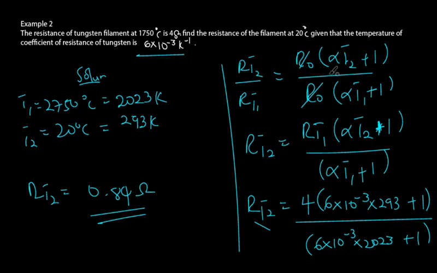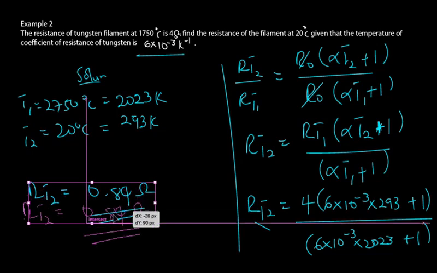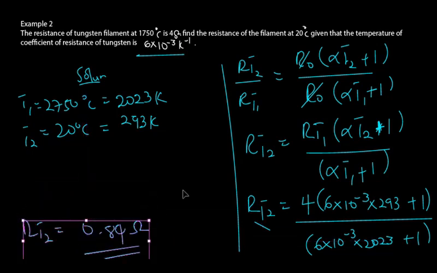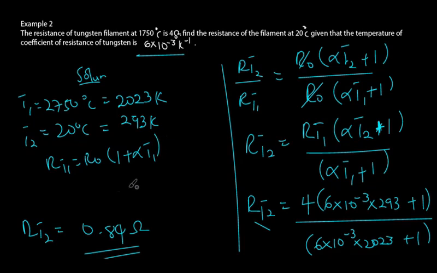Now if you don't understand this way of doing it, you can look at it in another way. From the first one, RT1 is equal to R naught into bracket 1 plus alpha T1. We can input the RT1, which is the 4 ohms.